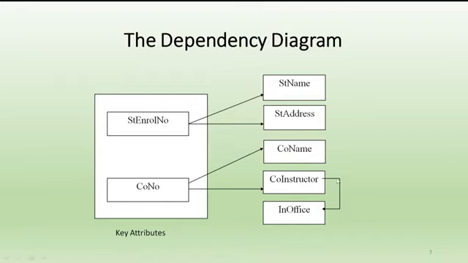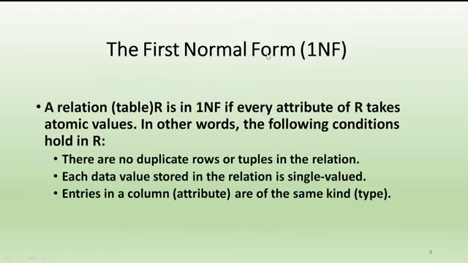However, the course instructor is determining the office, that is the telephone number of the office of that particular person. So this dependency diagram is a very important step in solving this particular problem, right?